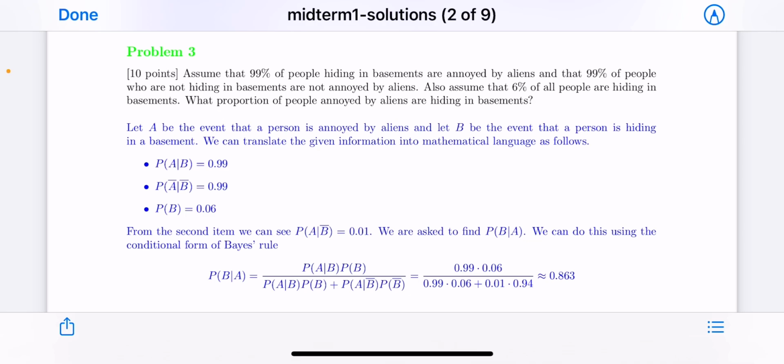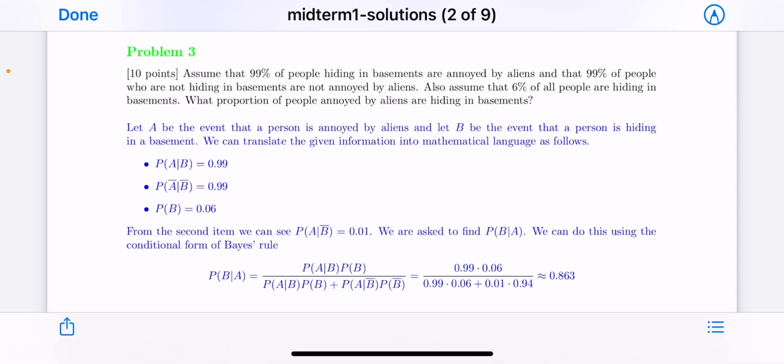It tells us if you're hiding in a basement, then you have a 0.99 probability of being annoyed by aliens. And if you're not hiding in a basement, then you have a 0.99 probability of not being annoyed by aliens. And I also know that the probability of hiding in a basement is 0.06.